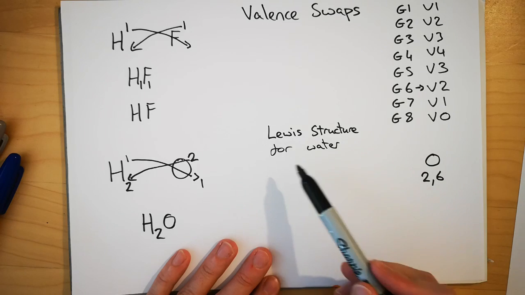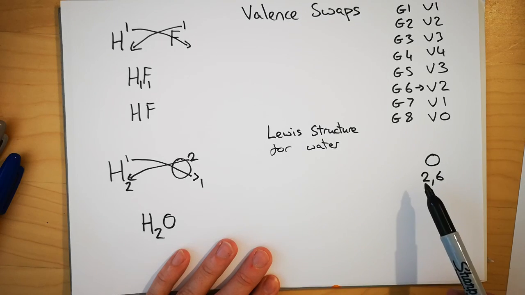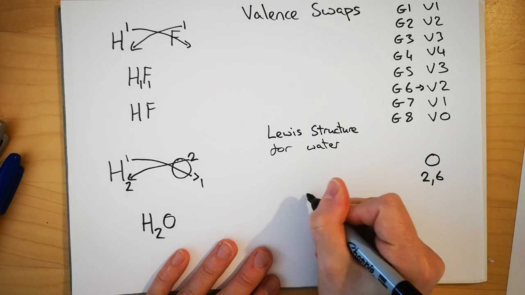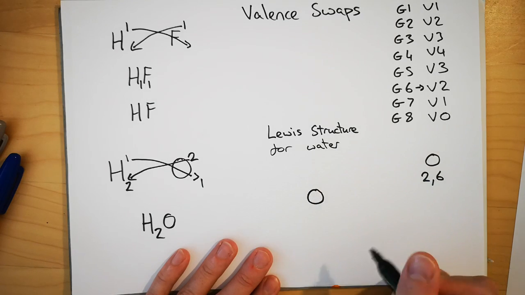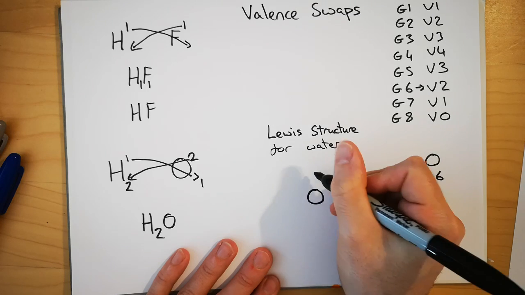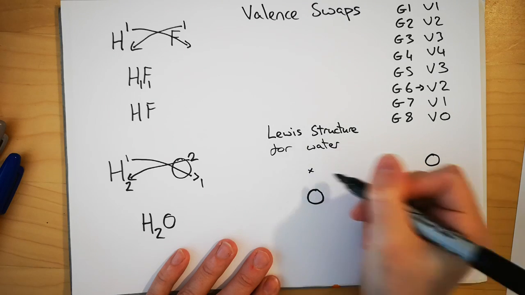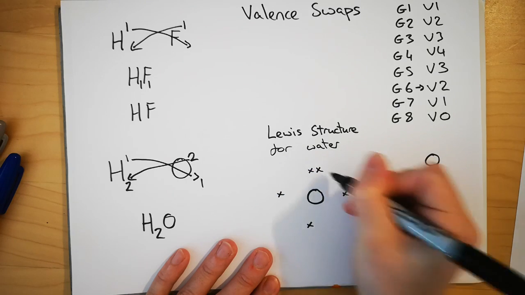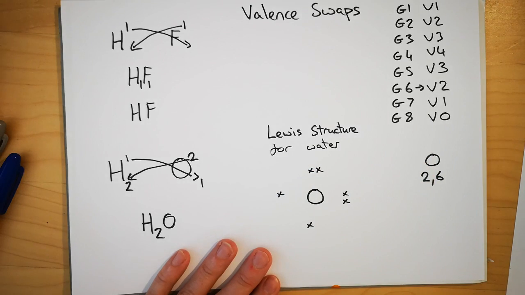Remember, for Lewis diagrams, I'm not going to do the inner electrons because it just clutters the diagram up. So I'm going to do oxygen, and I've got 6 outer electrons. So I've got 1, 2, 3, 4, 5, 6.